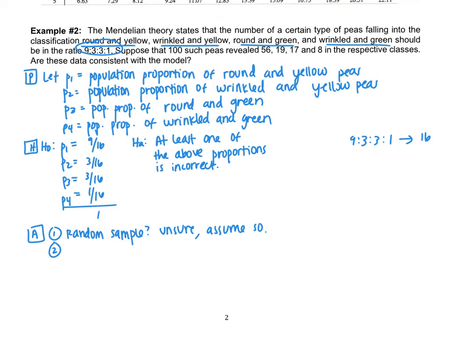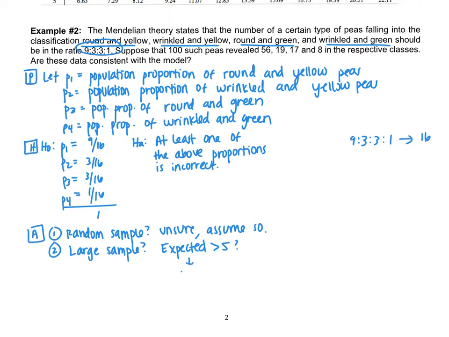Okay, second assumption, we have to have a large sample. Here's what that means. All of the expected counts have to be greater than 5.